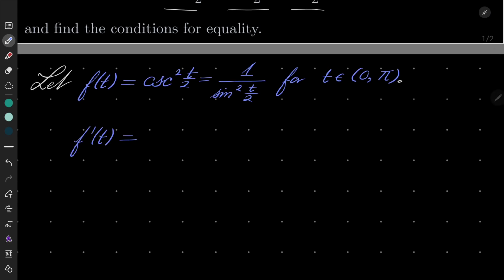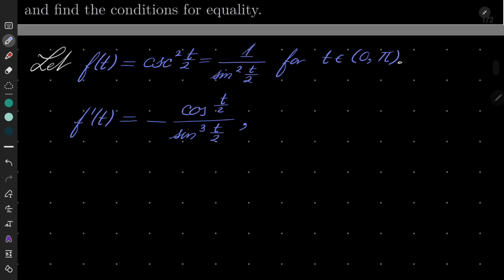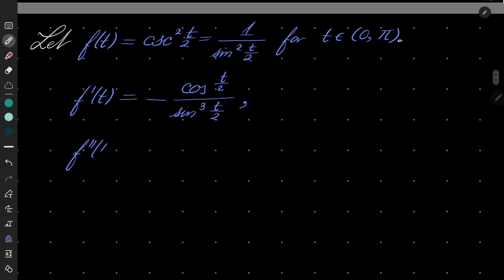It turns out that our first derivative is minus cosine of t over 2 over sine cubed of t over 2. And crucially, the second derivative is crucial. Our second derivative is 2 times cosine squared of t over 2 plus 1 over 2 times sine to the fourth power of t over 2.